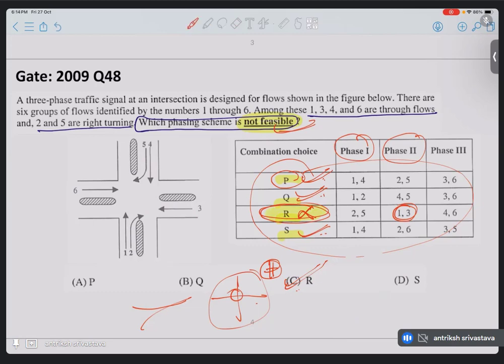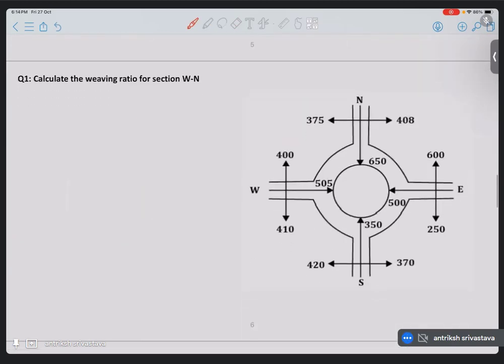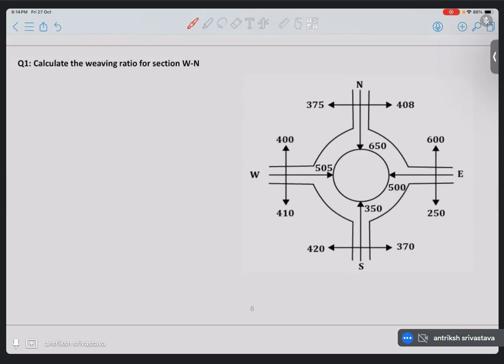Now let's look at some of the questions which I feel are actually not difficult, but sometimes we hesitate to go to these questions because we are not able to understand the logic behind them. One example for me is I always ran away from weaving ratio, like how to calculate weaving ratio.